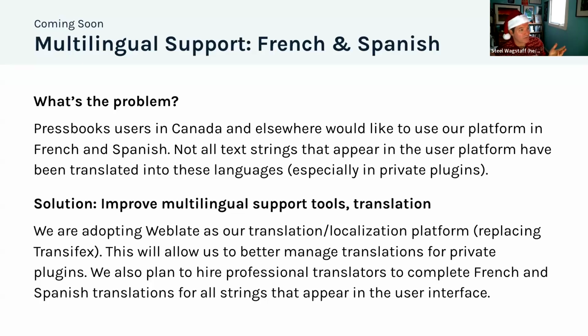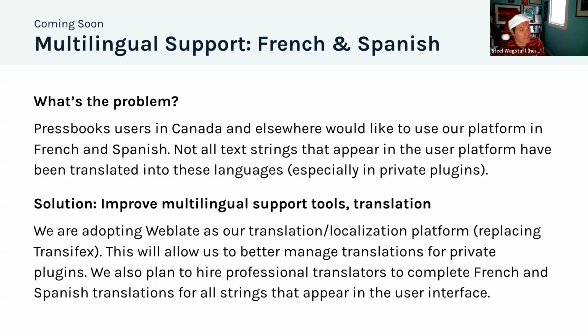We only know some languages, and so we can contribute translations in those, but we have global users that speak and use languages that we don't have proficiency in. And so for many years, we've used a translation platform called Transifex that allows anyone to submit translated strings for parts of the Pressbooks interface.